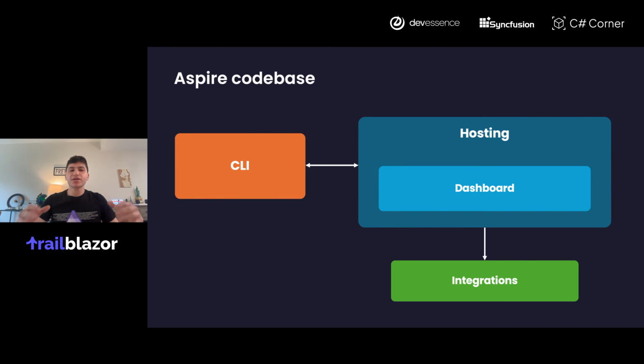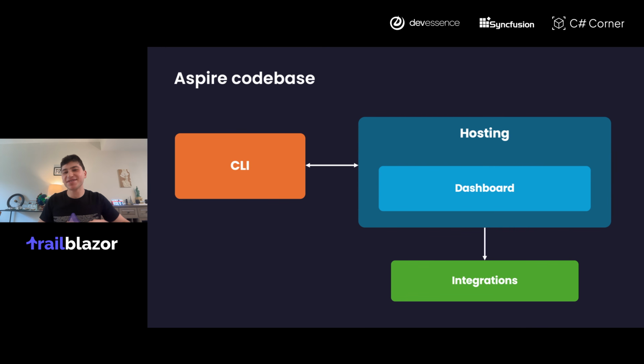And Aspire at its core, as I mentioned, is just an app model and an app host. And that's what we call hosting. There's bidirectional communication between the CLI and hosting, and they communicate resource health and status and expose the ability to run commands on your resource, like stop or restart or anything you define.